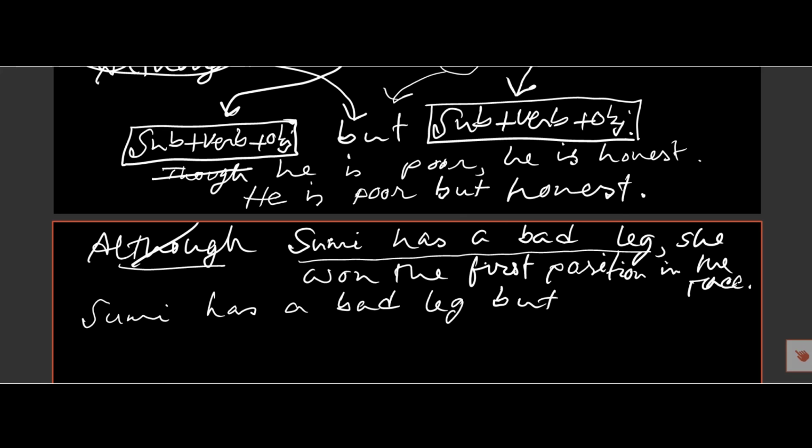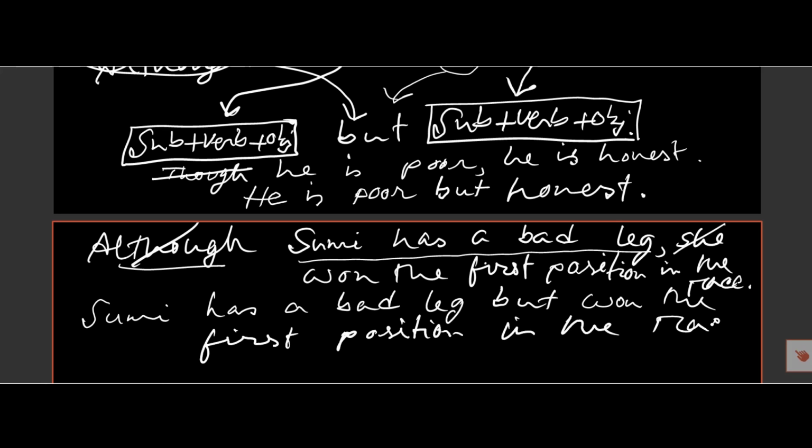"She" denotes Sumi, so we must remove "she", and then the other words: won the first position in the race. Although Sumi has a bad leg, she won the first position in the race.